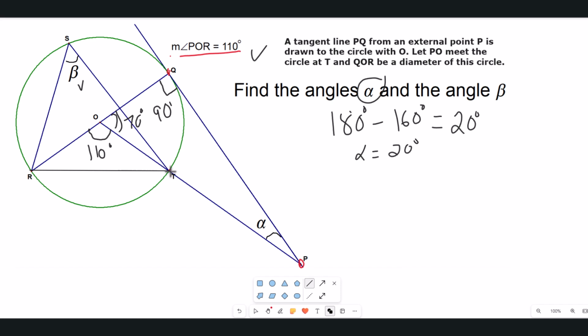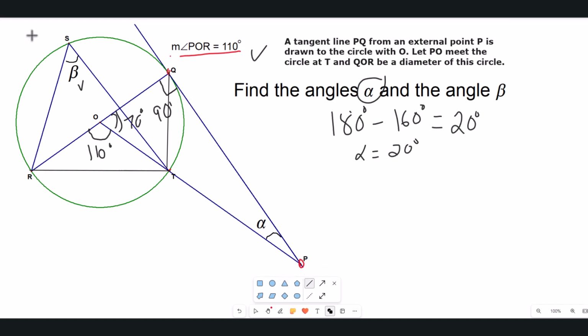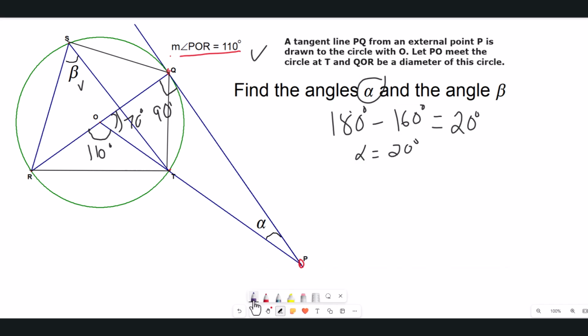I'm just getting used to this new drawing board. And then what I'm going to do is just finish this. Okay, all right, so we have two right triangles here that are made in those semicircles with the diameter as the base.